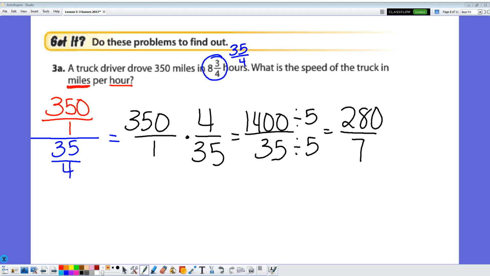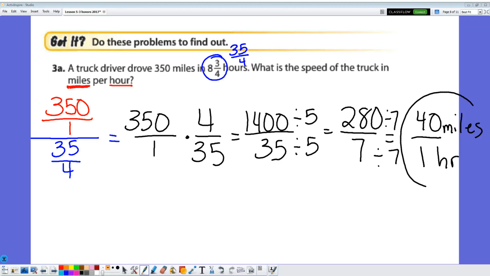Okay, since that's 28, I know I can divide it by 7. So I'm going to divide by 7 so that I'm left with 40 over 1. So my answer is 40 miles per hour.